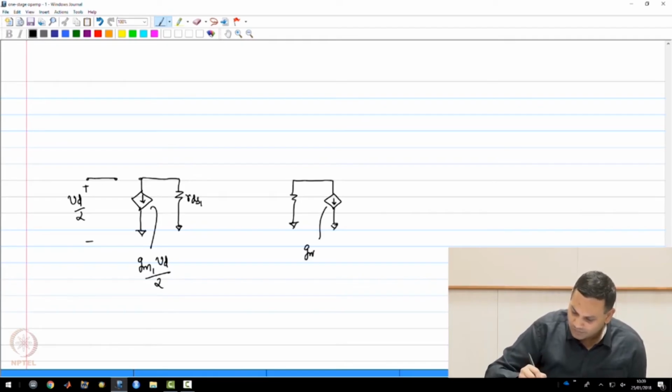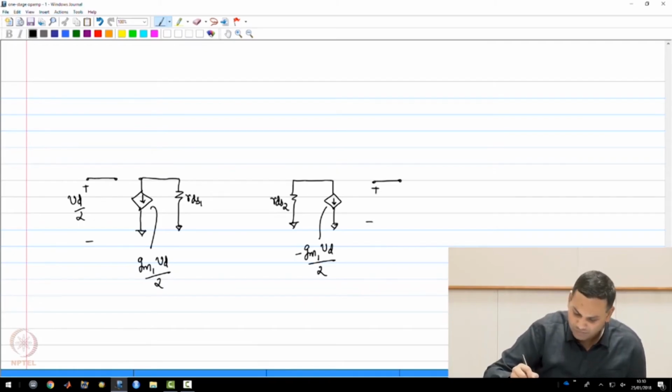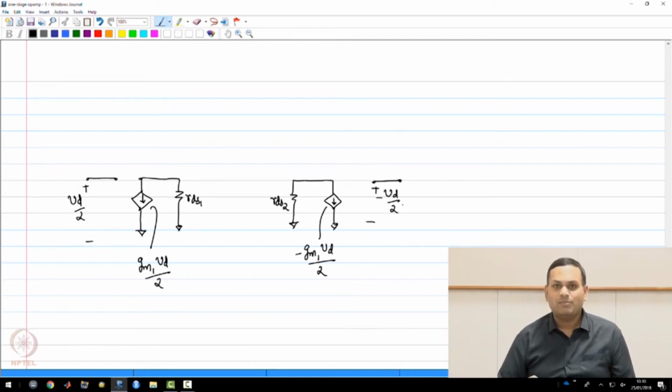So this is GM2 times minus VD by 2, and since GM2 is the same as GM1, I will write it as GM1 VD by 2. And this is RDS2, which is the same as RDS1. And minus VD by 2 is what is applied between the gate and source of M2.